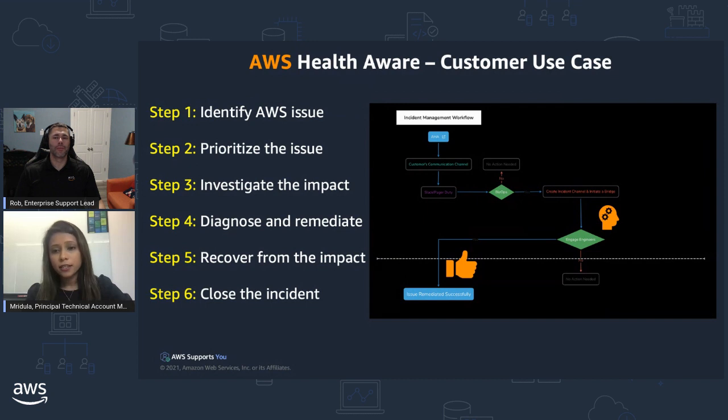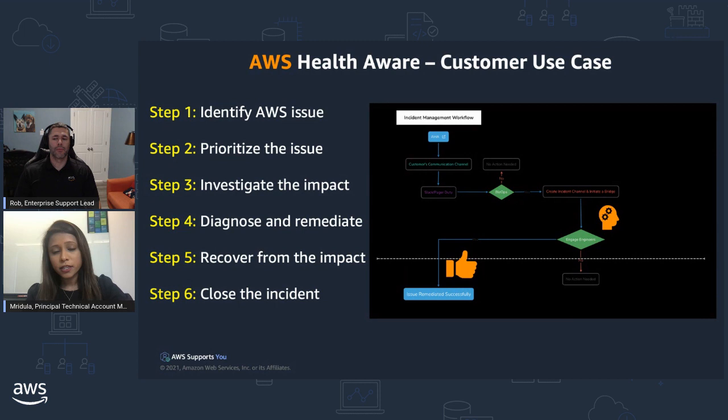In this case, AHA is used as the automated mechanism that programmatically becomes the starting trigger point and alerts the problem management team to start engaging the on-call engineers for the impacted accounts. With the visibility that AHA provides, the customer's on-call teams are able to identify the specific affected resources and AWS accounts, to engage the right people at the right time.